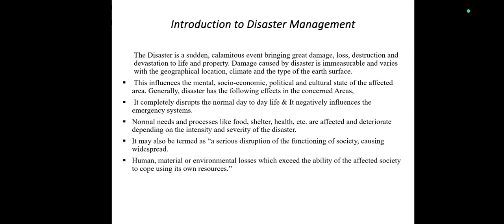So it results from the combination of hazard, conditions of vulnerability, and insufficient capacity or measures to reduce the potential negative consequences of risk. So disaster damage is usually measured in physical units.